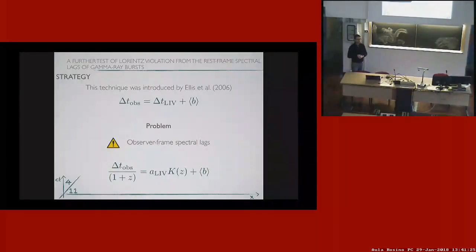As suggested by Ukwatta and collaborators in 2010, if I remember, it is more convenient to detect the spectral lag in the rest frame of the GRB by choosing two fixed energy bands, and this, for some reason linked to the K correction, allows us to have a tighter correlation between the observer frame of reference and the rest frame.